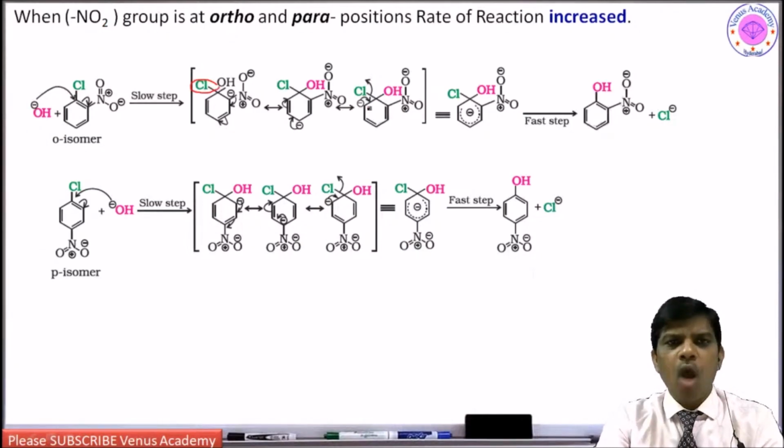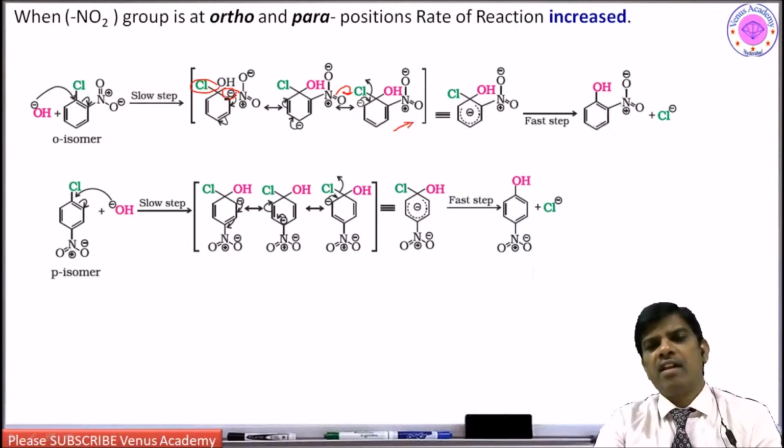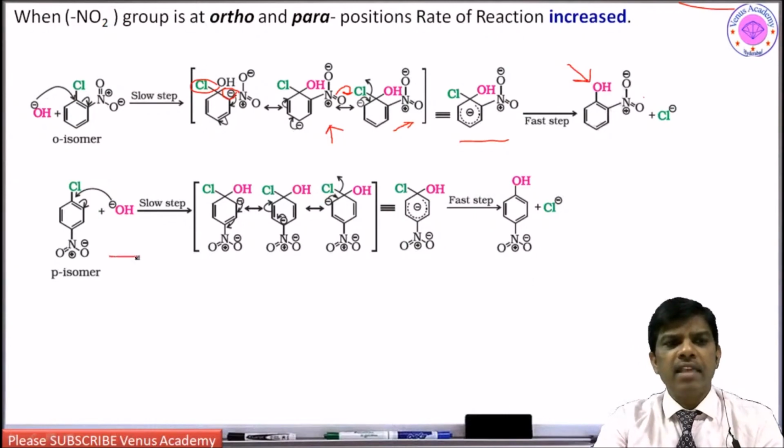Chlorine is going out. Why? Because the incoming nucleophile forms an anion at this position, and the nitro group is going to stabilize this anion which is formed during the nucleophilic substitution with hydroxyl group. When it is para, the same thing is going to happen.